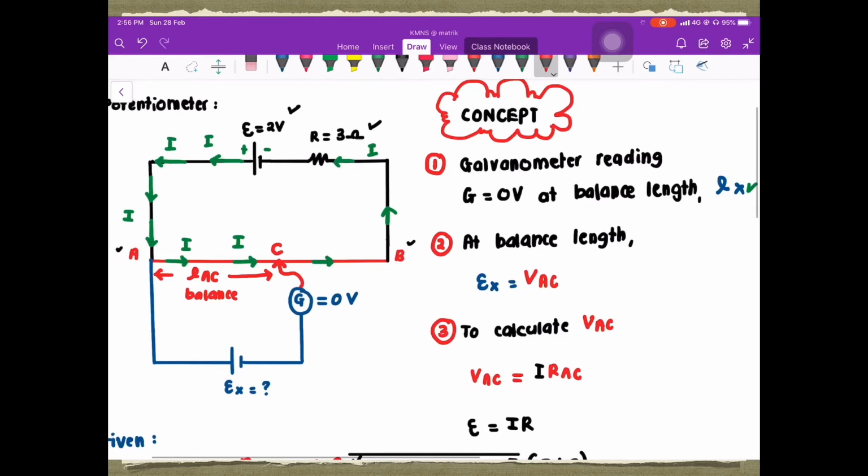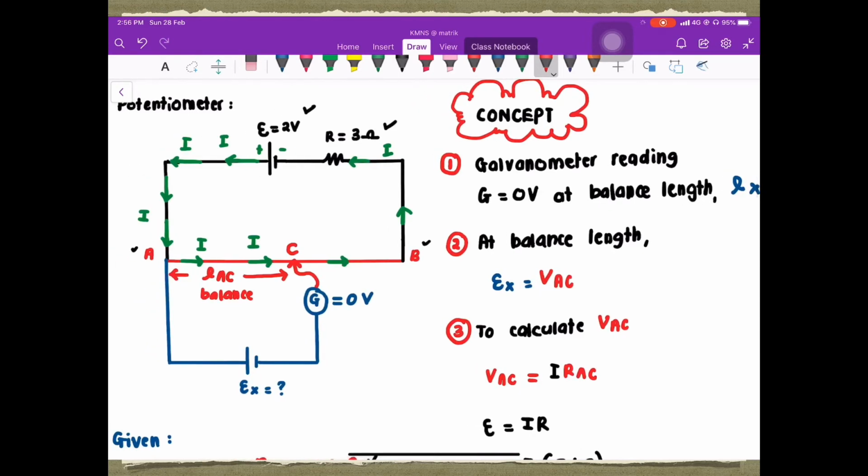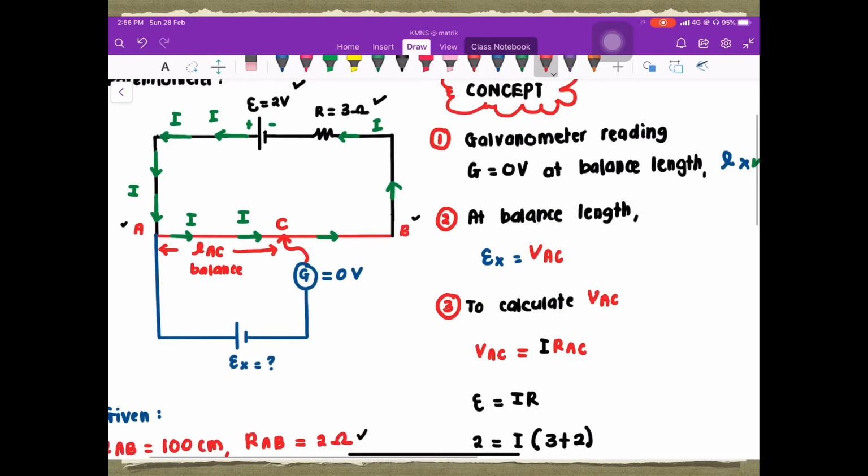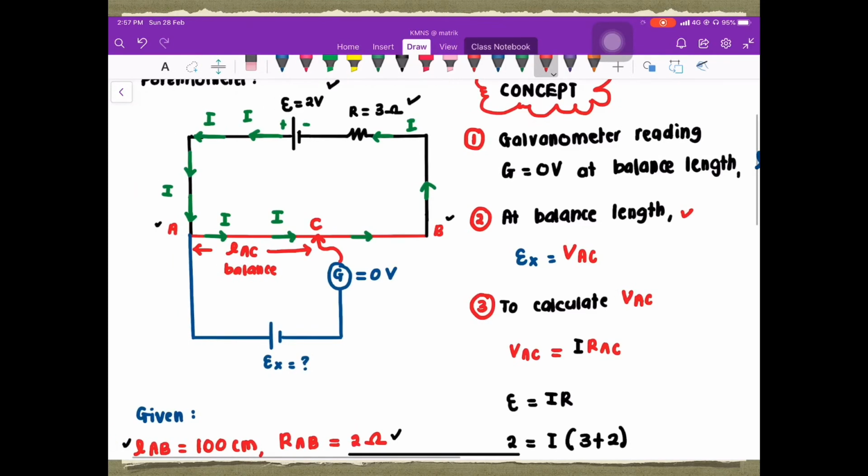Now at balance length, the value of the unknown EMF equals VAC. From A to C we also have a potential difference across the balance length.